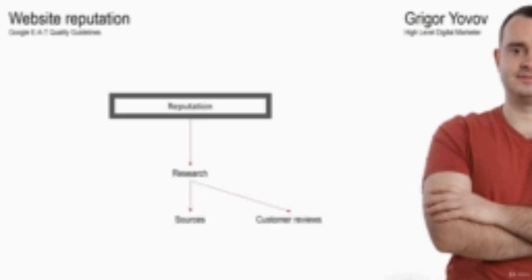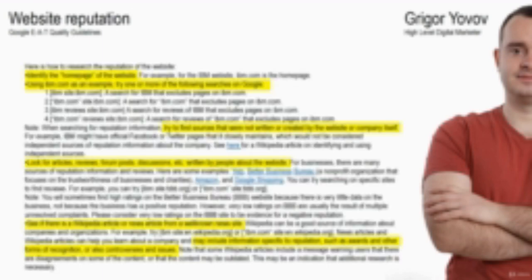Hello. When a Google researcher wants to give a specific page a quality rating, one of the things that they're doing is reputation research. And basically there are different sources that are looking for reputation, and especially these are the customer reviews. Now, the document itself has a very strict order, step by step, of how they will research the reputation of your website and of the specific page.